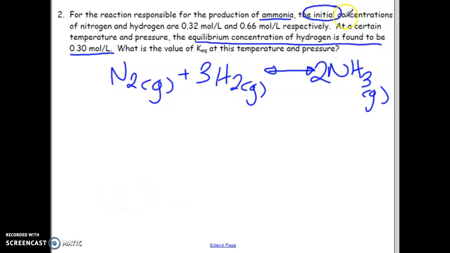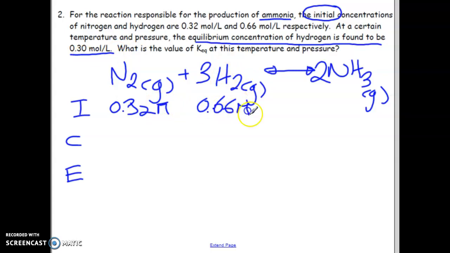Because we are dealing with initial concentrations, we are setting up an ICE table. We have the initial for nitrogen as 0.32 moles per liter, hydrogen is 0.66 moles per liter, and of course we always start off with 0 product. Our change for reactants is negative, products are positive.